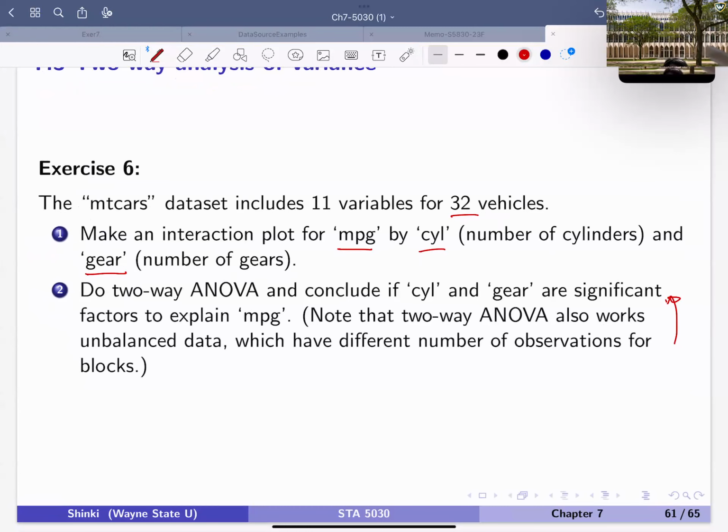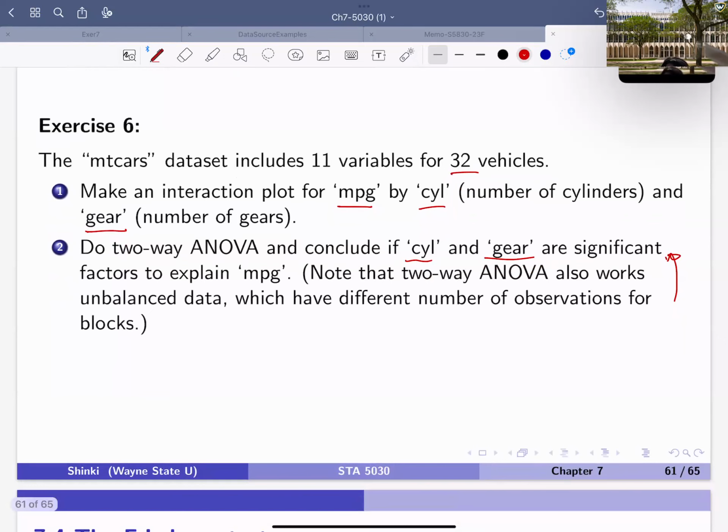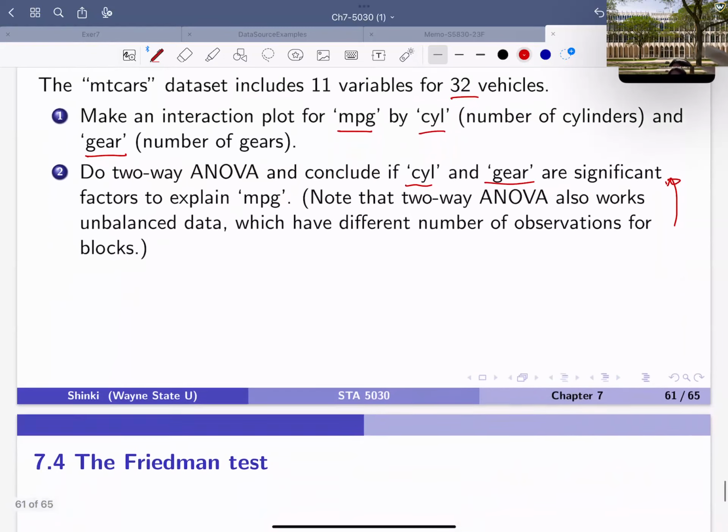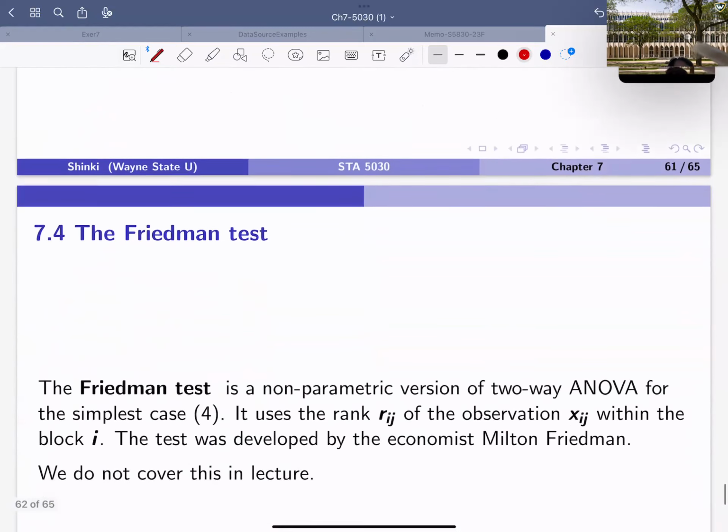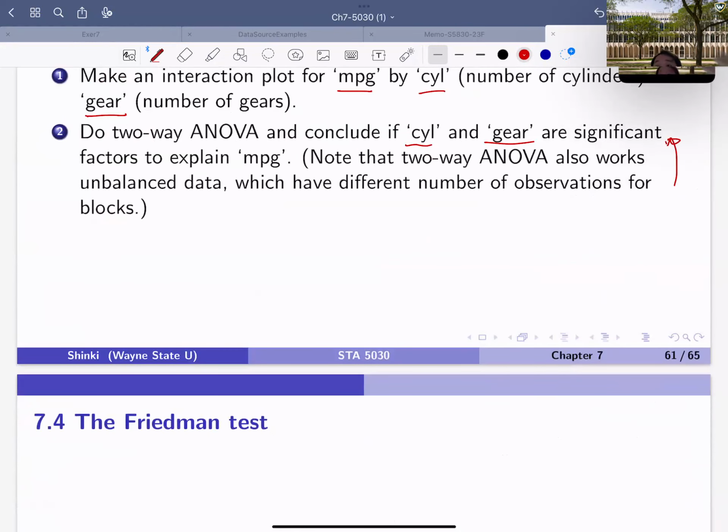You can get which variables are significant, and also we can see how much variability is explained by the number of cylinders or the number of gears.